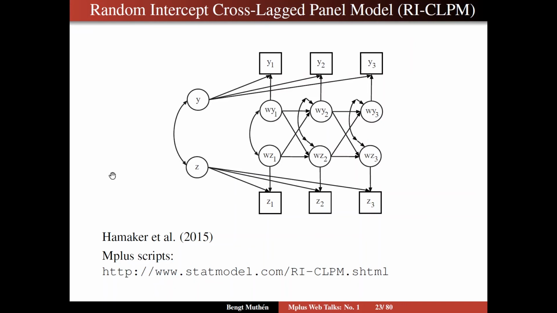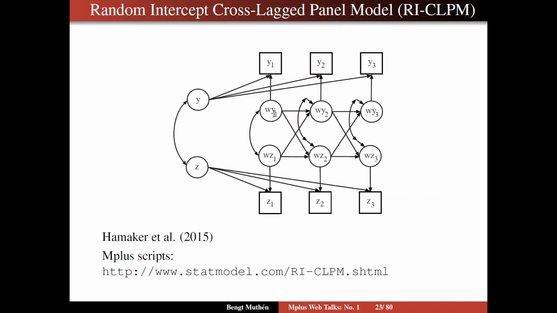So you have then a bivariate random intercept model here and fixed coefficient 1 for the Y and for the Z influence on their variables. And then these circles then become free of random intercept influence.